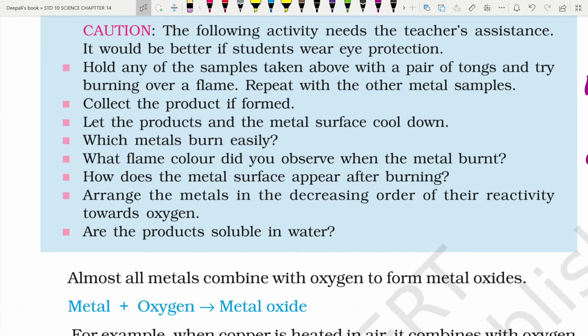Now how does the metal surface appear after burning? They will be silvery white. Now arrange the metals in the decreasing order of their reactivity towards oxygen, means which reacts first.